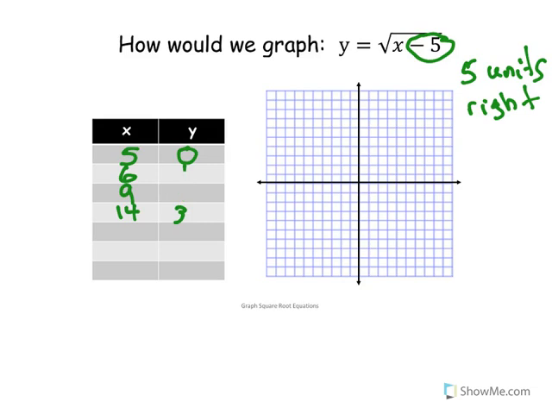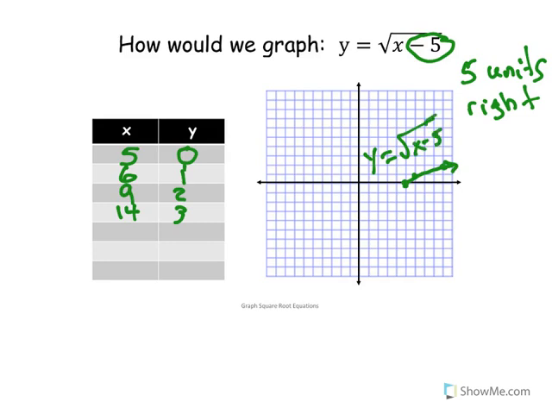And that should be 2. So let's see what this looks like. I'm not going to be able to graph a whole lot of these, unfortunately, right? So I've got 5, 0 out here. I've got 6, 1. I've got 9, 2, and then I kind of get cut off. So I've got y equals absolute radical x minus 5.